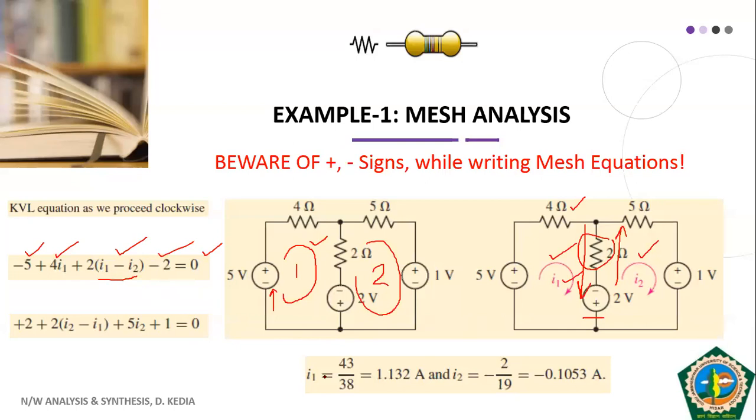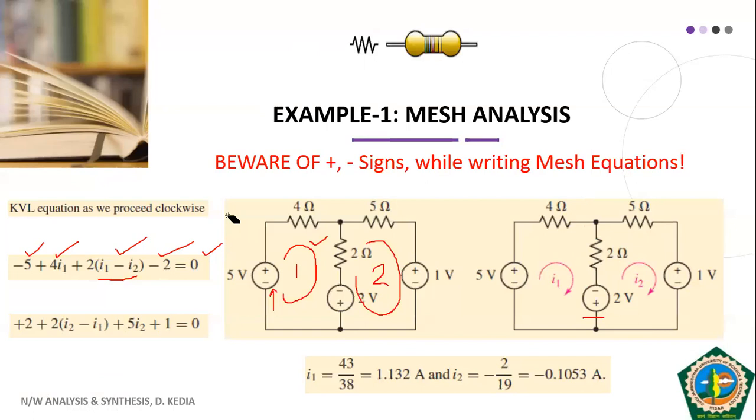So this is how we write a mesh equation. I'll inquire from you people whether you have understood this or not. Yes, students, if there is any doubt, you can ask anybody.